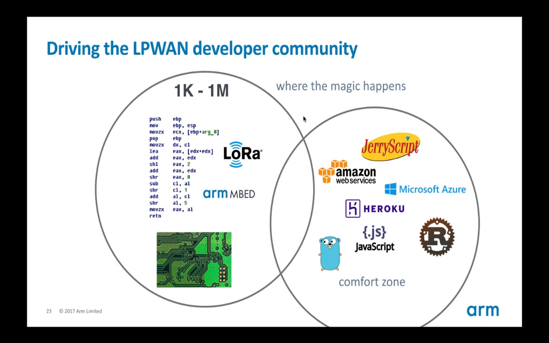Large-scale deployments and the requirements for large-scale device manufacturing are quite a different area. We try to bridge this, to make it easy both for embedded developers to connect to cloud platforms, and for developers used to cloud and JavaScript to start building their first embedded solution. That's really our role.